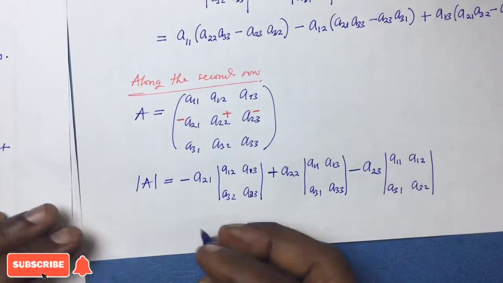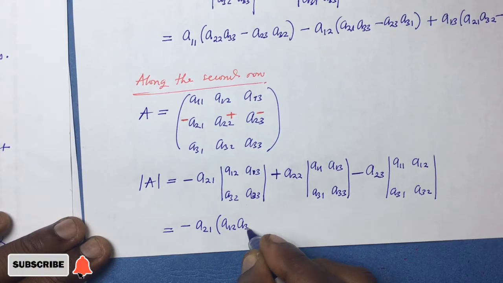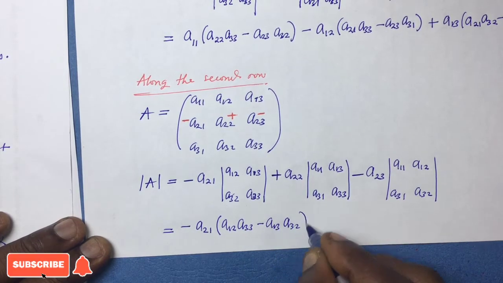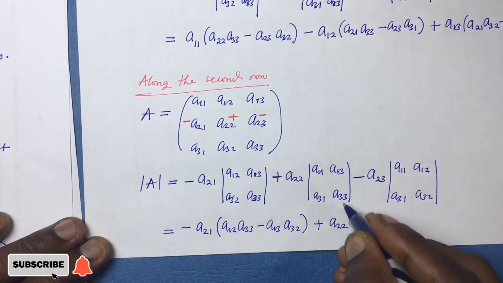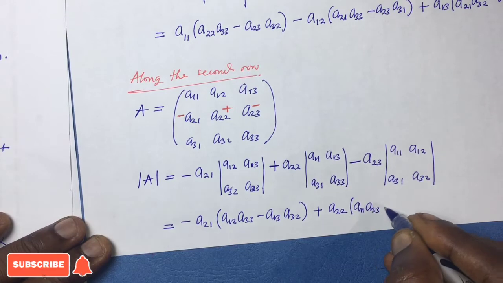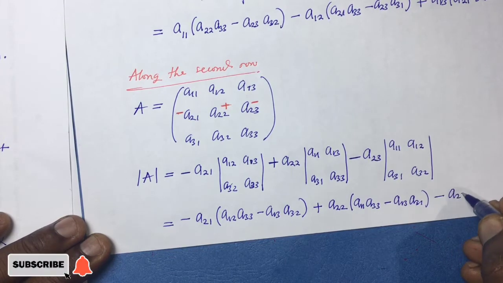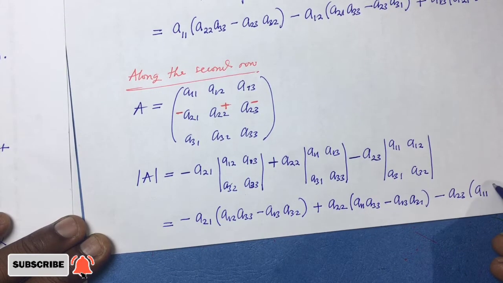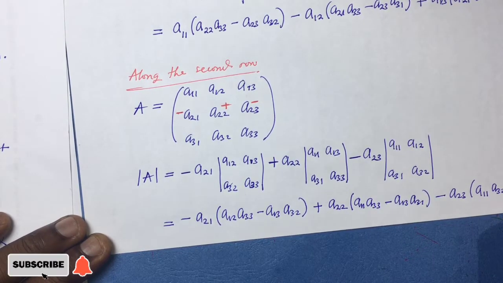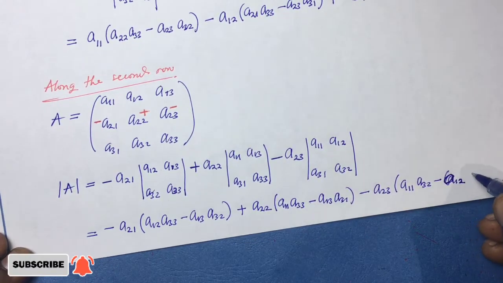Okay? Now if you simplify again, you will still have this A21, A12 times A33, this times this, minus this times this, A13 times A32, plus A22 comes, then the determinant here, the 2 by 2 determinant, this times this, A11, A33, minus A13, A31, then minus A23 comes in here with the determinant A11, A32, minus, that is this times this, minus A12 times A31.